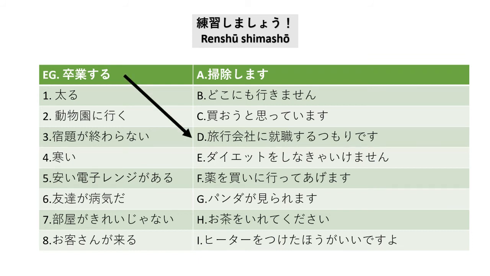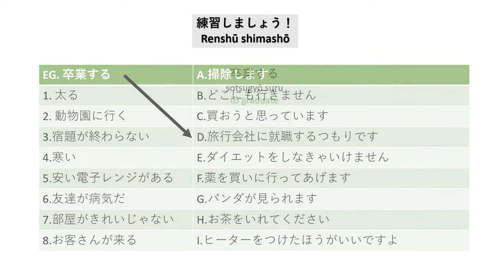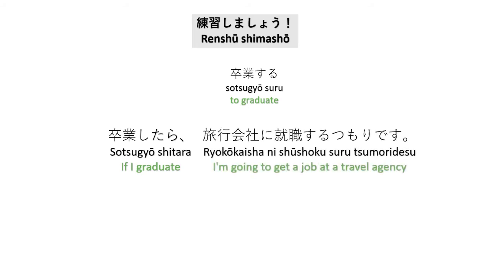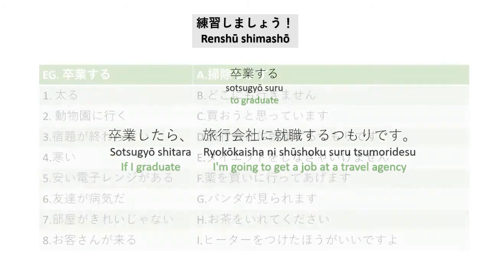That is, ryoko kaisha ni shushoku suru tsumori desu. I'm planning to get a job at a travel agency. Sotsugyo shitara, if I graduate, ryoko kaisha ni shushoku suru tsumori desu. I'm going to get a job at a travel agency.